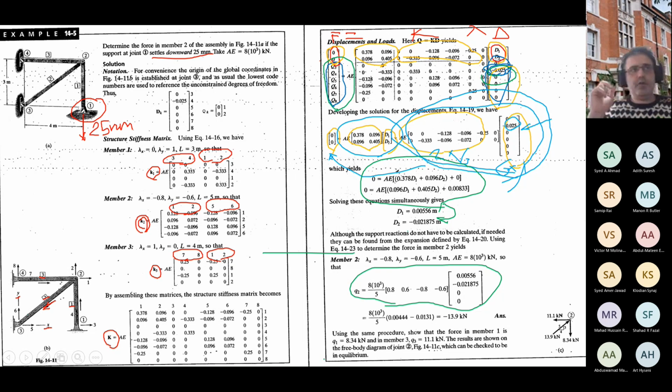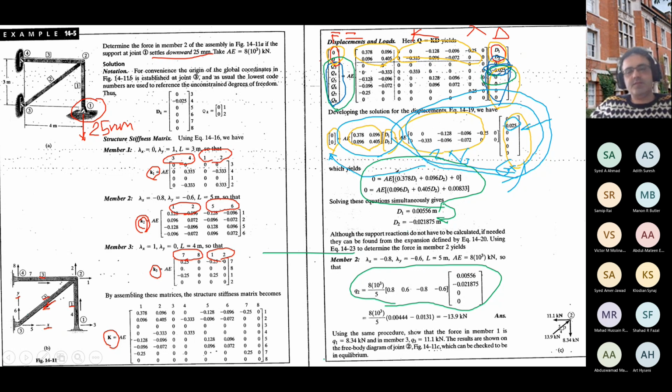For example, if you're warming up some element, or cooling down some element, or if you have some distributed forces on elements rather than concentrated forces on joints, or you have some imperfection in terms of the lengths of the element.